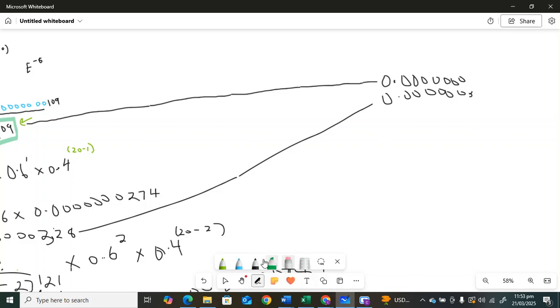I never get exhausted like this. But binomial distribution, this topic, it's a handful. So this 3 comes under this 0, then 2, 8.